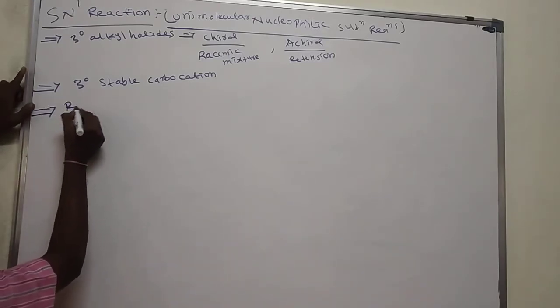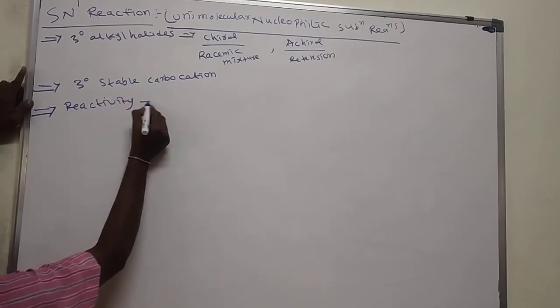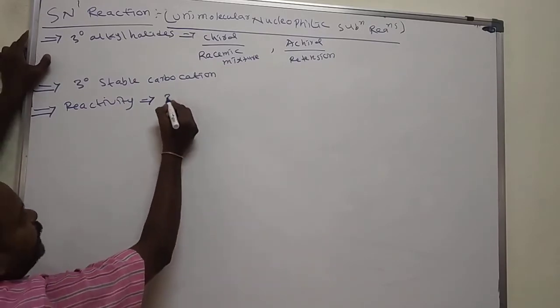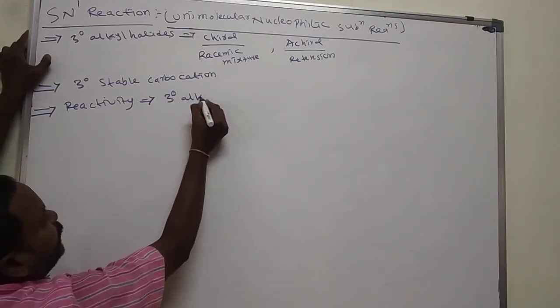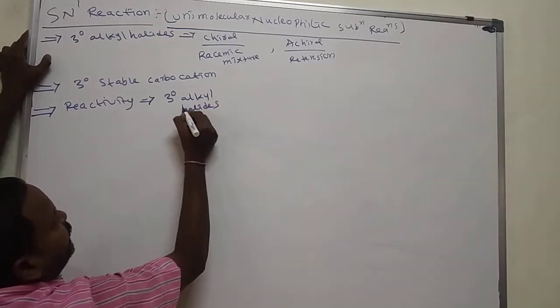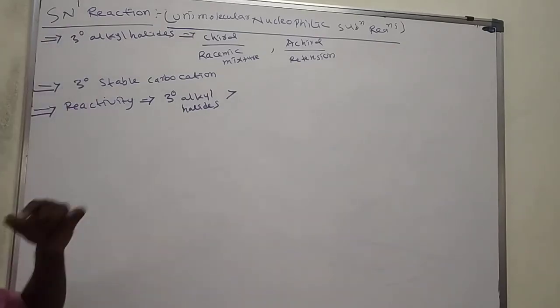Here we will see the reactivity of the SN1 reaction of different alkyl halides. Tertiary alkyl halide is more reactive, because this proceeds through a tertiary carbocation.